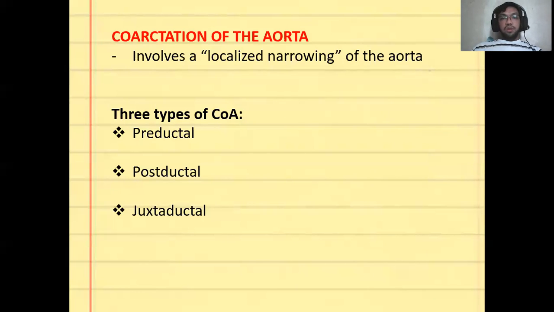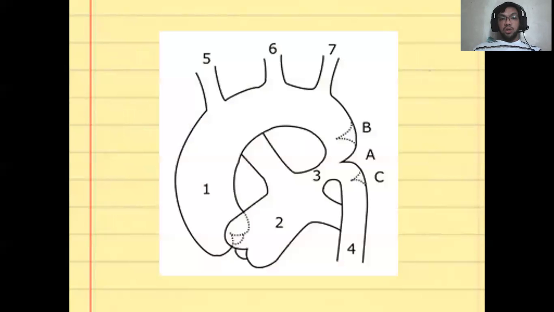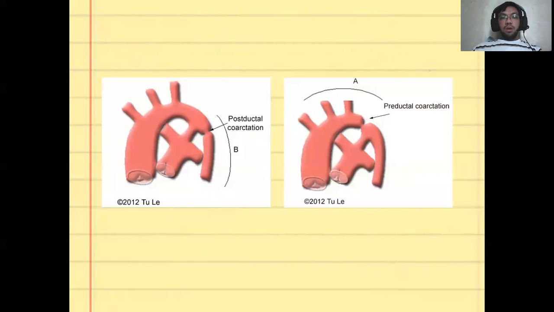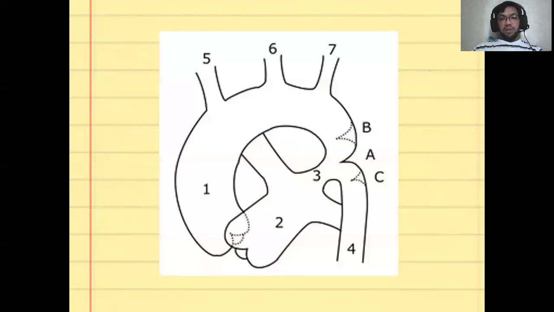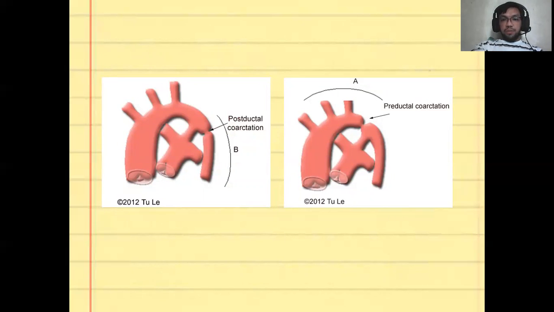Now we go to the coarctation of the aorta, which involves the local narrowing of the aorta. And there are three types. We have the preductal, postductal, and juxtaductal coarctation of the aorta. What are these? Preductal occurs before the ductus arteriosus.